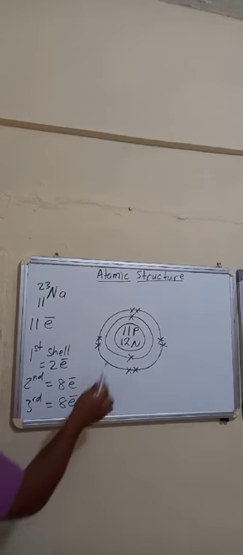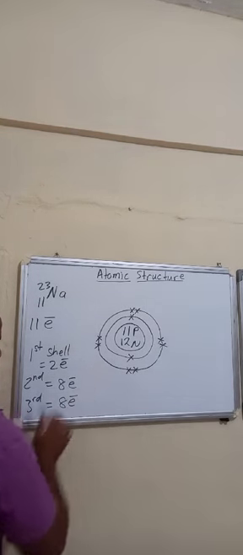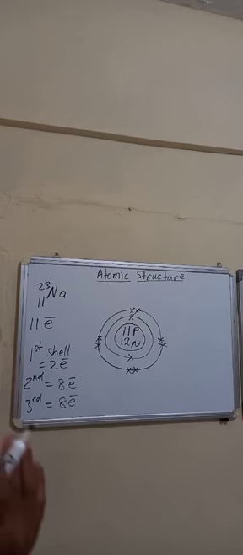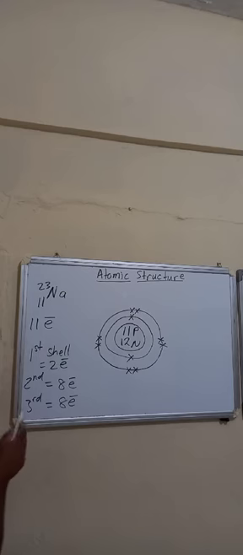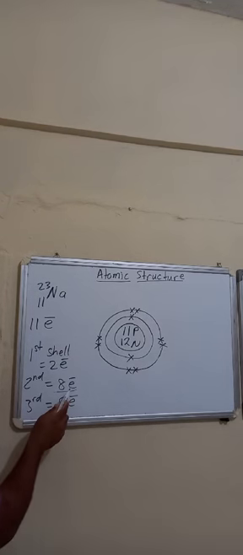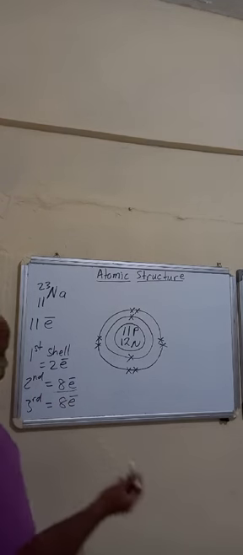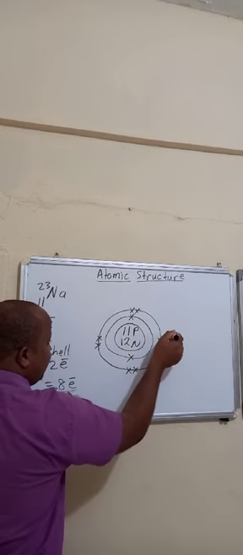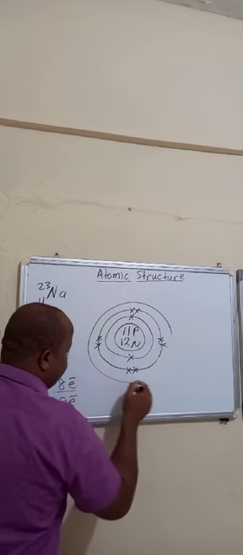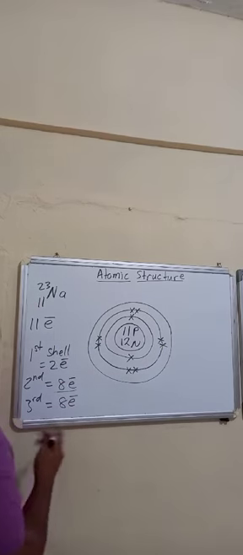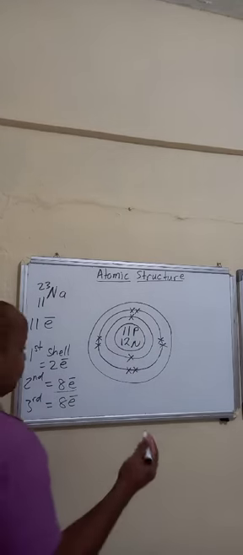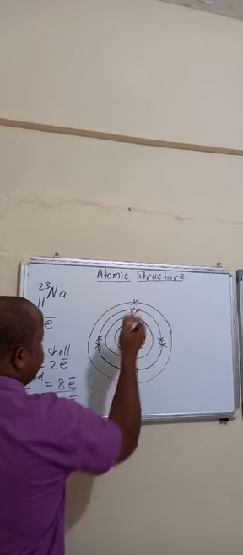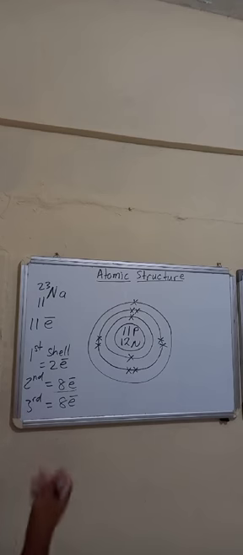So 2 electrons on the first shell and 8 on the second shell, that's a total of 10. But we must put 11. You have to pay attention, we cannot put more than 8 on the second shell. So we have to move on to the next one. The third one can hold a maximum of 8, but all we have for sodium is 1 more.